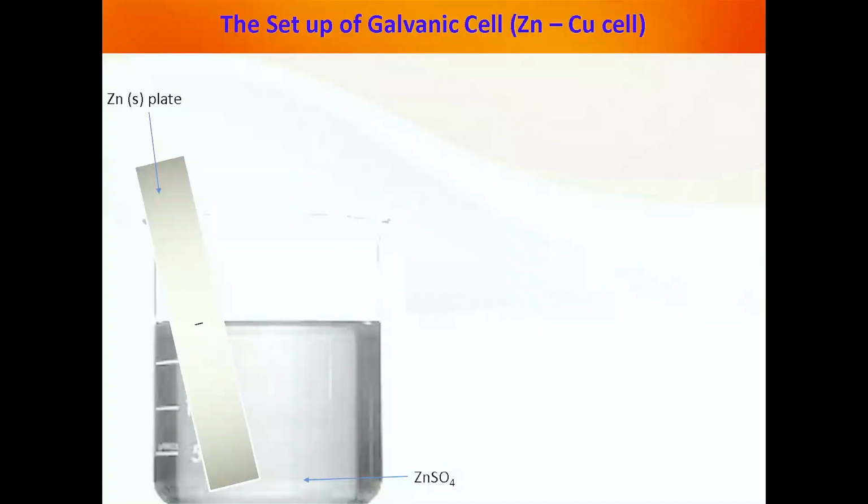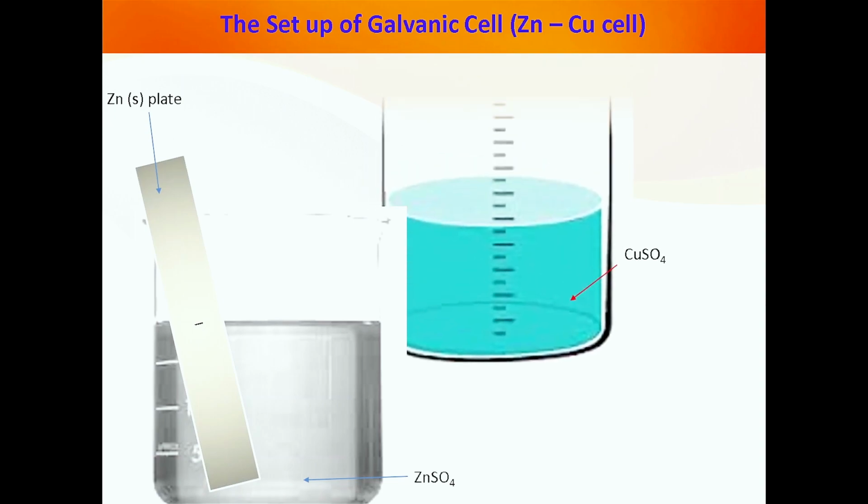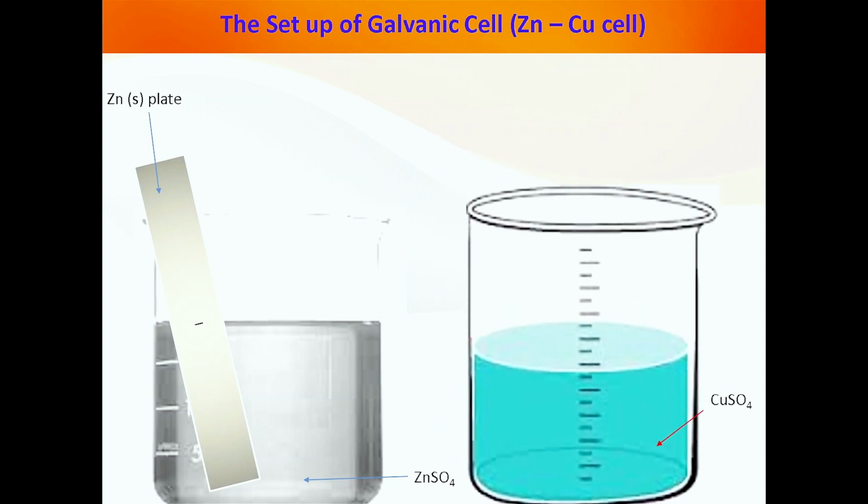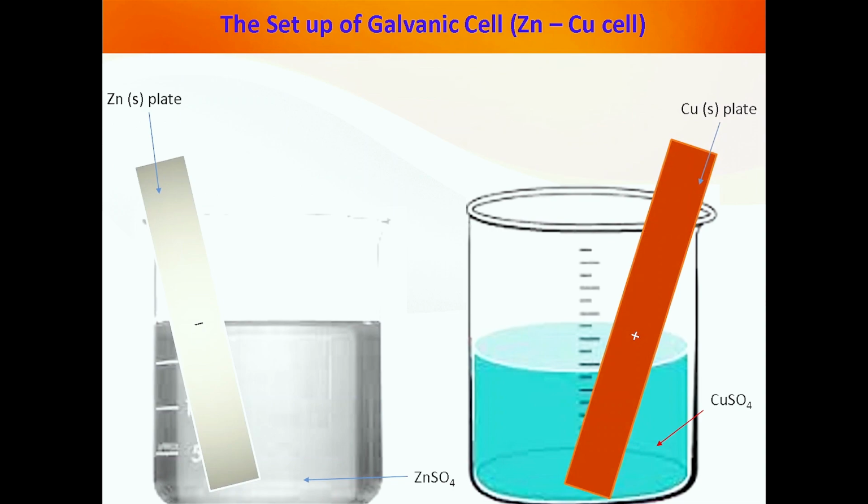I want us to talk about the setup. Very important for you to understand that. As you can see, we'll need a beaker on your slides. We'll need an electrode. So in this case, I'm using a zinc plate as one of the electrodes. Remember I said we need metal, so I'll be using zinc. We need another beaker with the solution. Then we are going to use a copper plate.